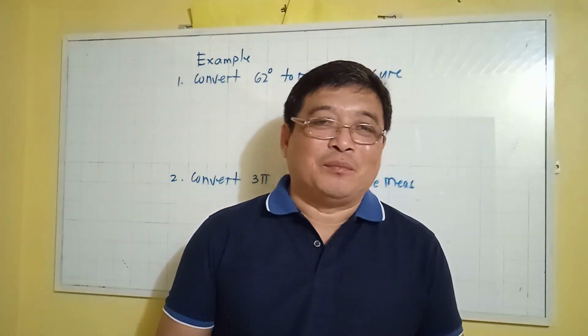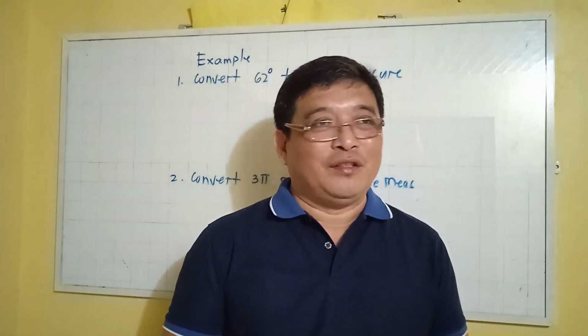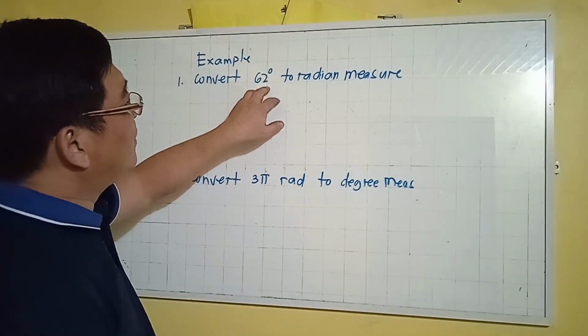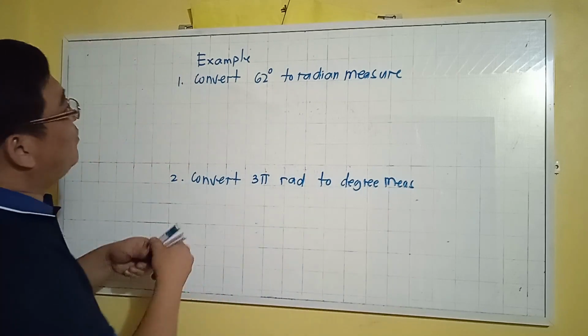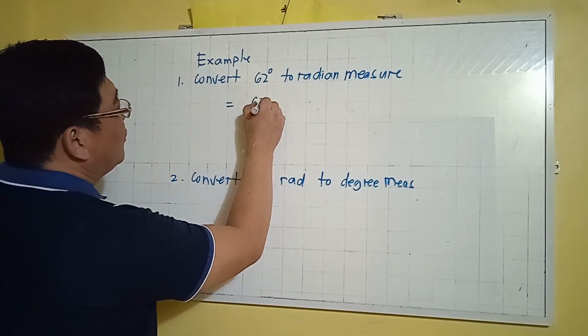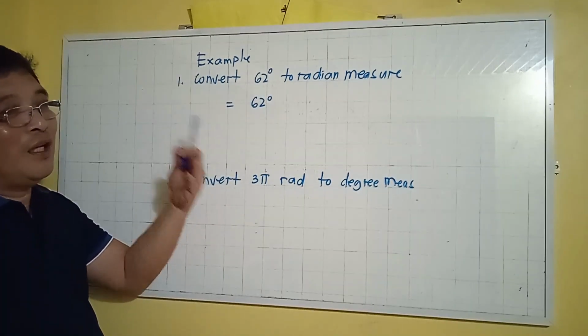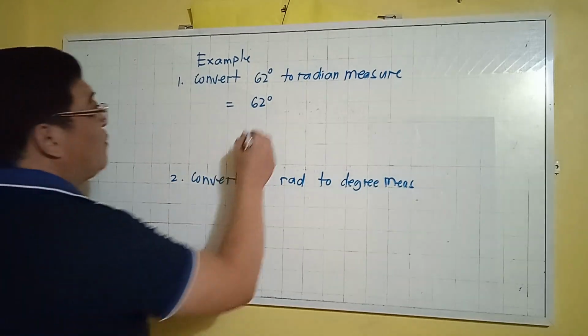Now, let's have an example how to convert radian to degree and degree to radian. The first example is convert 62 degrees to radian measure. So, if there is a given of 62 degrees, we want to convert this. Hindi ba meron tayong conversion factor?